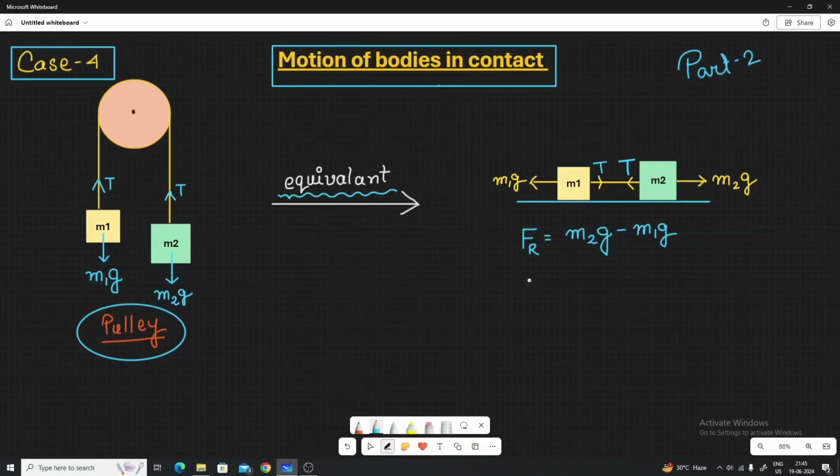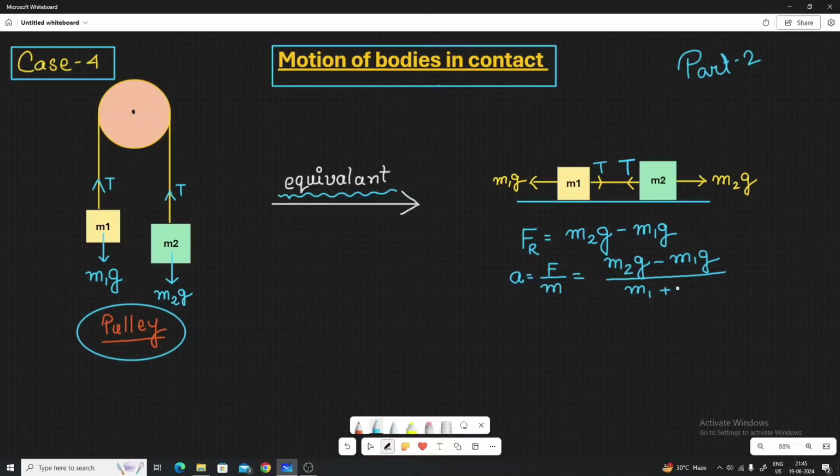Okay, now what is the acceleration? Acceleration is force per unit mass, that is M2G minus M1G divided by what is the mass?